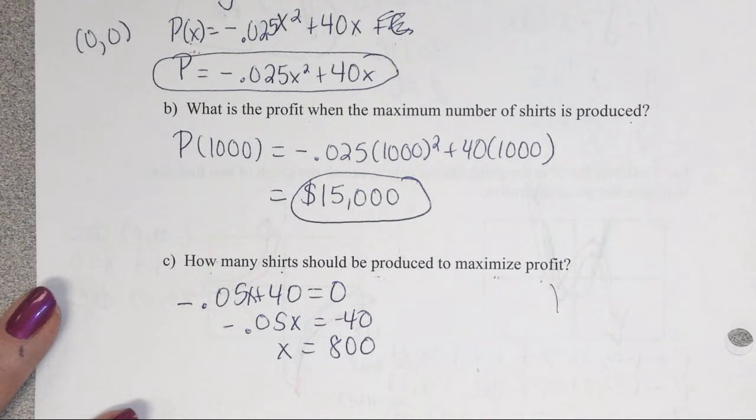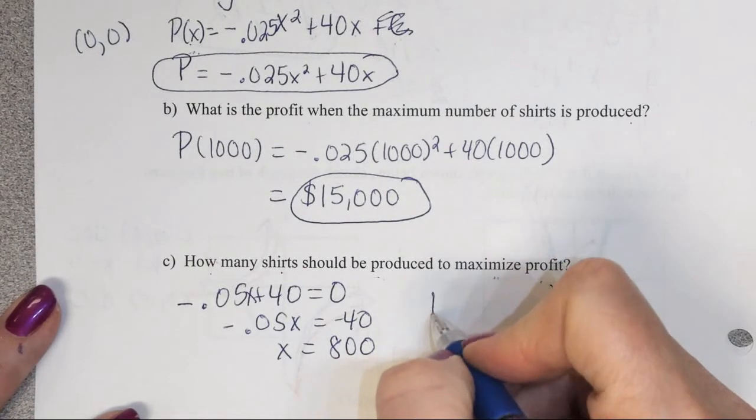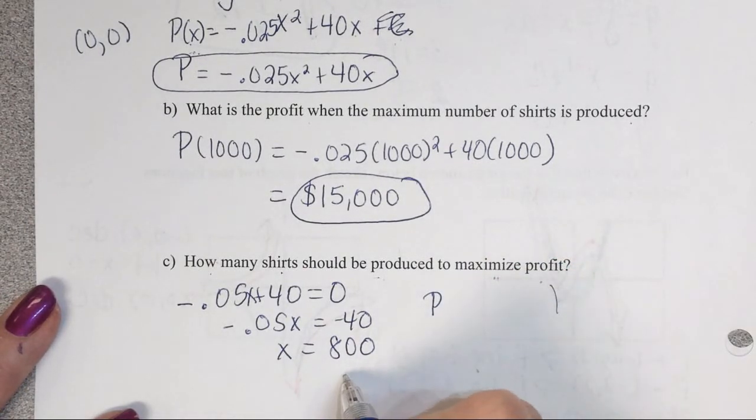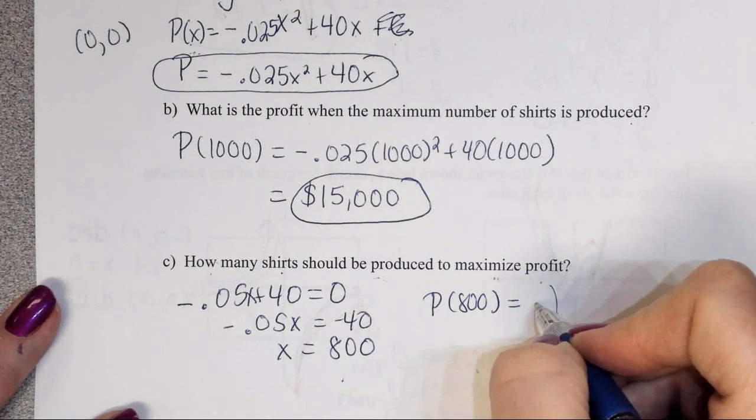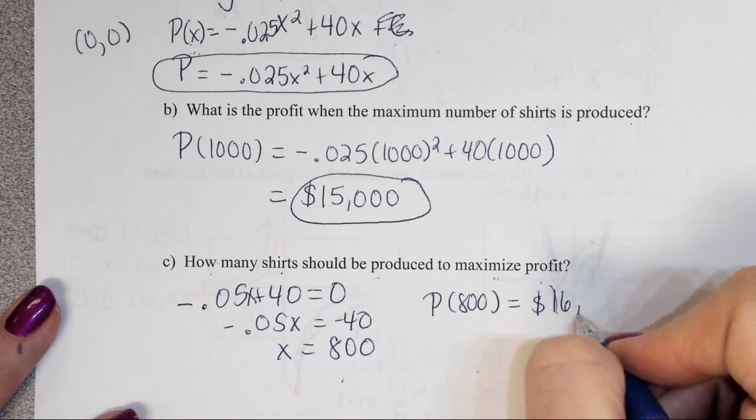So even though they're capable of producing 1,000 shirts, producing 1,000 isn't going to be as good as if they produce 800. How would I find out how much money they're going to make if they produce 800? Plug that in. If you plug that in, guys, you get 16,000.